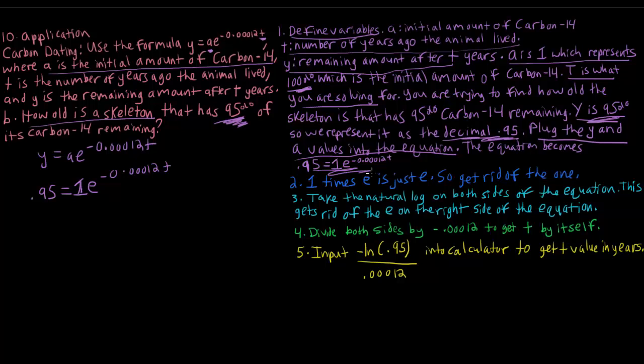Now step 2 is 1 times e is just e, so get rid of the 1. So we'll have 0.95 equals just e raised to the negative 0.00012t. And again, because we have the Euler function, we want to take the natural log on both sides of the equation, and this will get rid of the e on the right side of the equation.